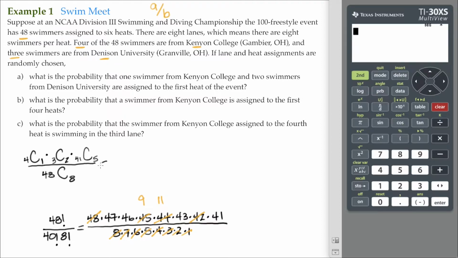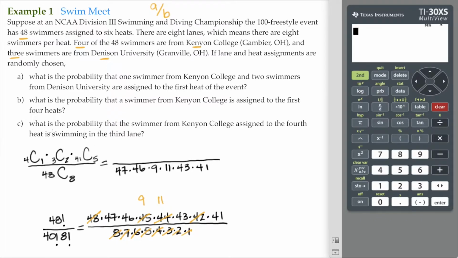So then for here, we have 47 times 46 times 9 times 11 times 43 times 41.